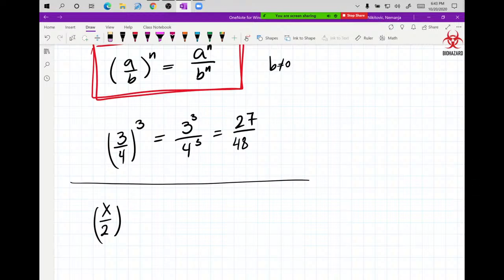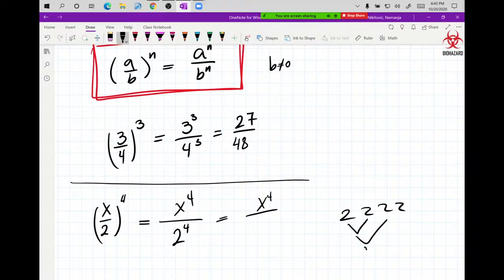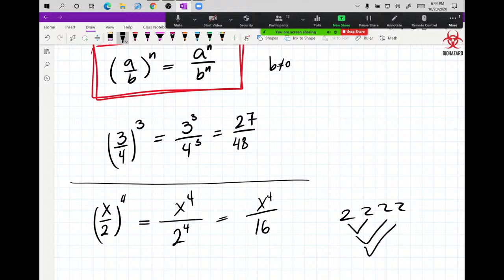This should be quick. X to the 4 is x to the 4. And then 2 gets its own. 32. That's too much, I believe. I think there will be a 5. Because 4 2s, that's a 4, that's an 8, that's a 16. Okay. Yes, 16.